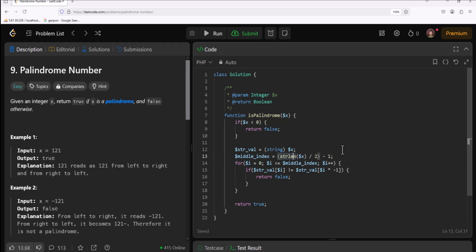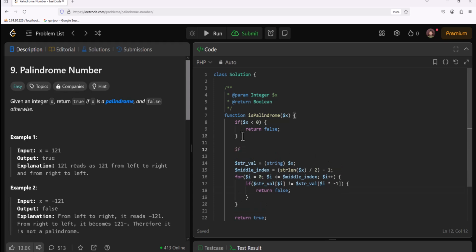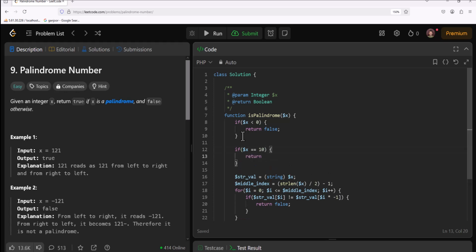So 0. We can say that, for example here, if x equals 10, then return false. Okay, but I don't want to do this, you know.